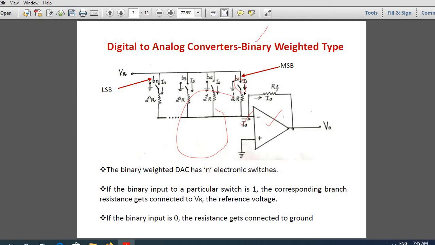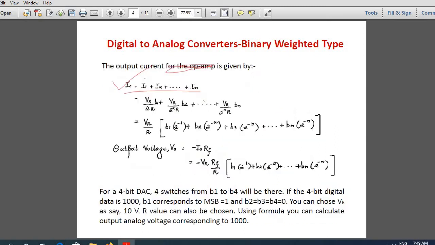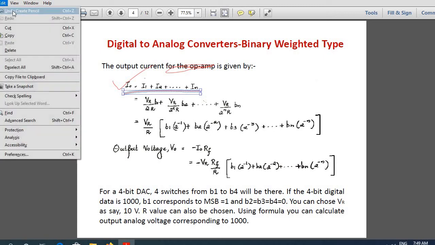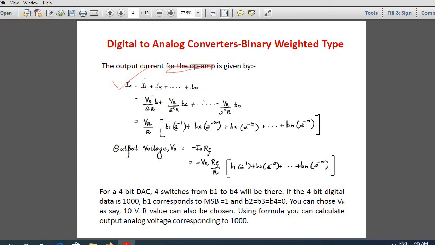But if it is 1, the switch is connected to VR and the current becomes VR by 2R. So you just can't write VR by 2R, because if bit 1 is 1, then this is true. But if bit 1 is 0, there is no current. So as a generalization, you can write the current through branch 1 only in this form.